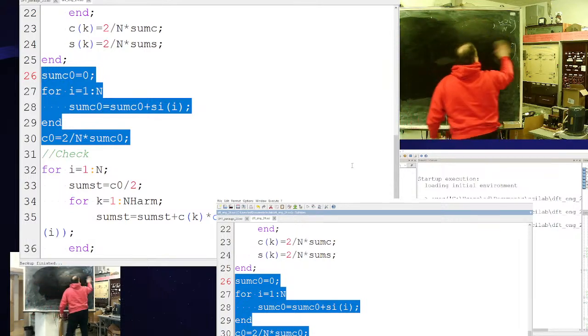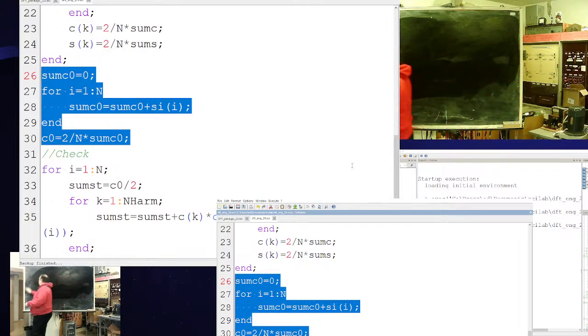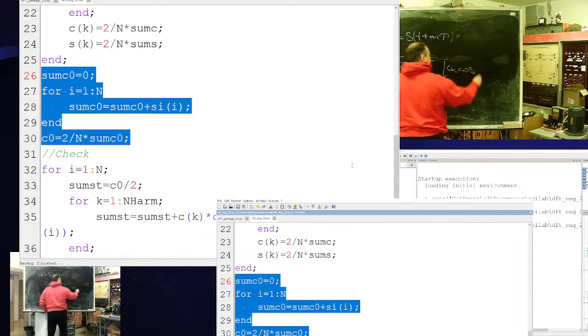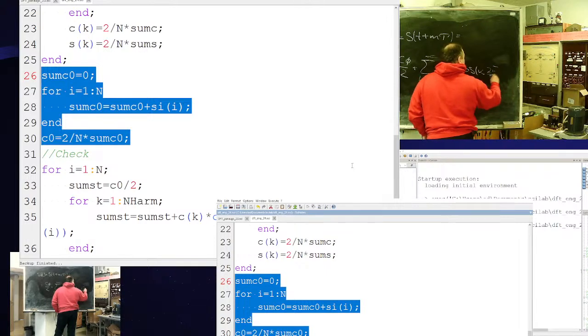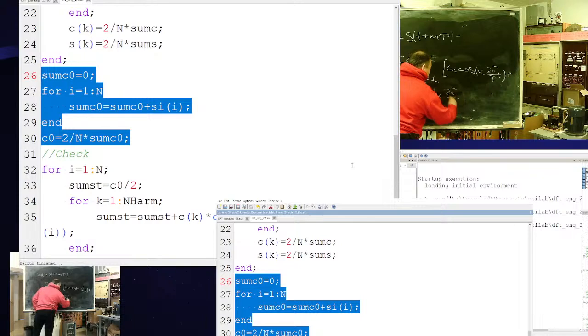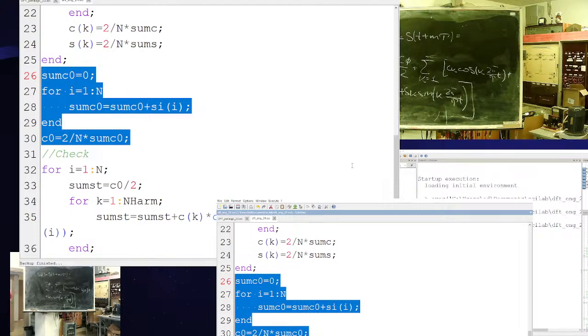Jean-Baptiste Fourier started from the idea that any periodic signal can be substituted with a DC component plus a sum from 1 to maybe infinity of a_k cosine of double pi k divided by period times time, plus b_k sine of double pi k divided by period times time.